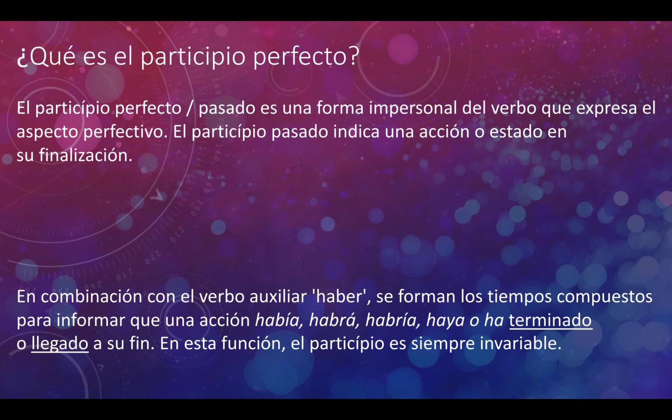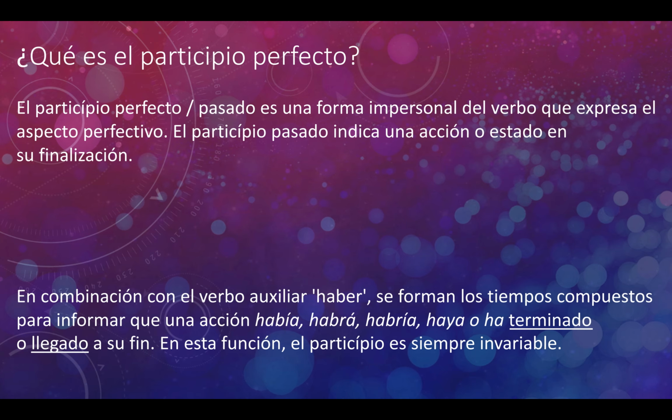So, in combination with the auxiliary verb haber, the compound tenses are formed. Okay? And those are tenses with two pieces. So, you've got haber, and then you've got the perfect participle.